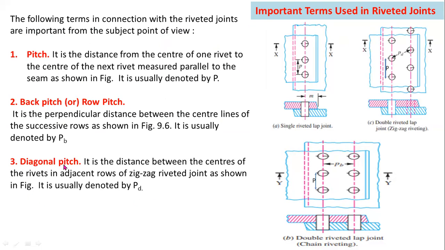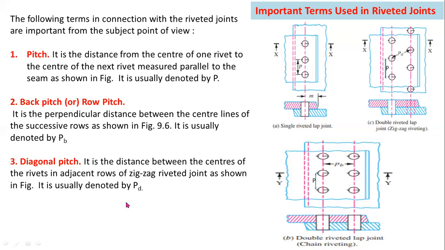And third one is the diagonal pitch. It can be observed in zigzag riveting only. It is the distance between the centers of the rivets in adjacent rows of zigzag riveting, zigzag riveted joint as shown in figure.